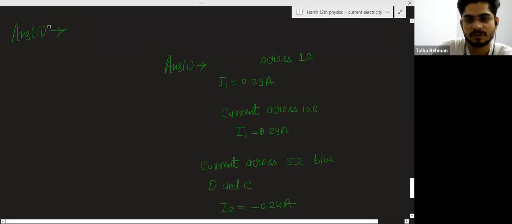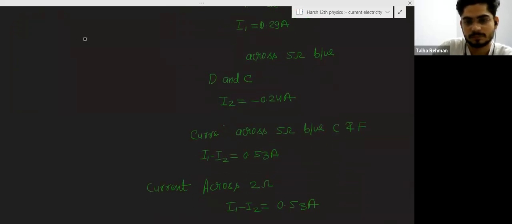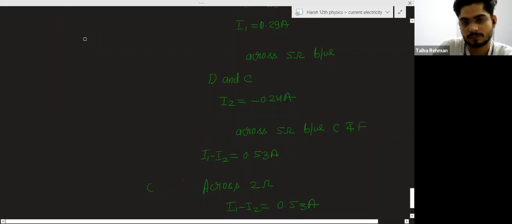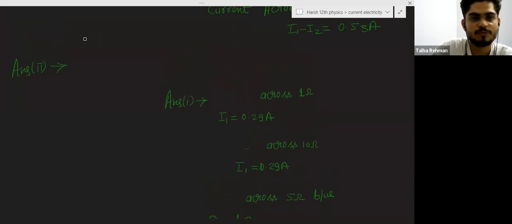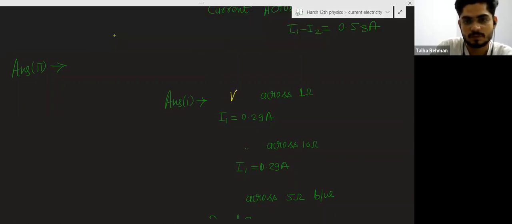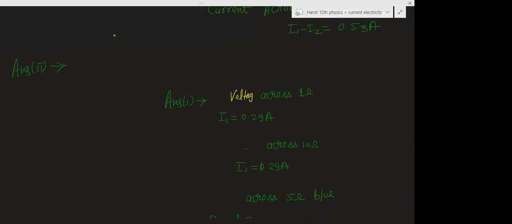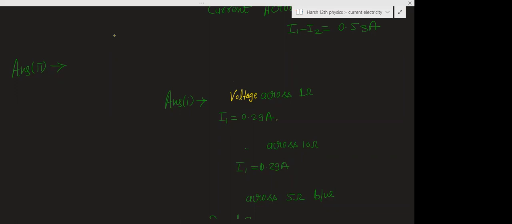Voltage across 1 ohm: we will just multiply.